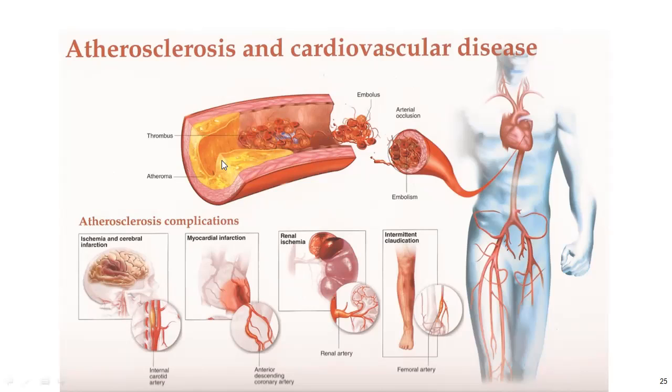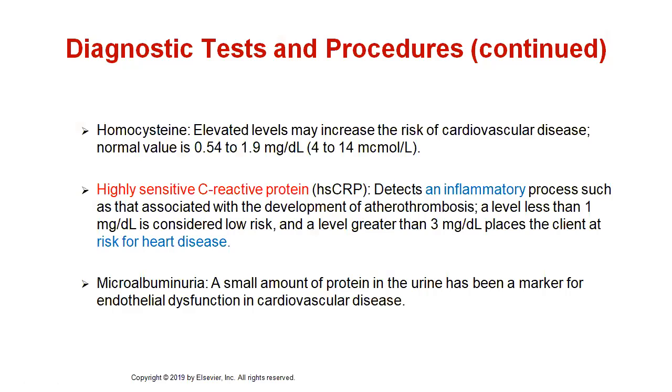So if atherosclerosis is not treated, it leads to ischemia or cerebral infarction, meaning infarction in the brain. They develop myocardial infarction, meaning MI, or renal ischemia, or intermittent claudication. So these are the common complications of atherosclerosis if it is untreated.